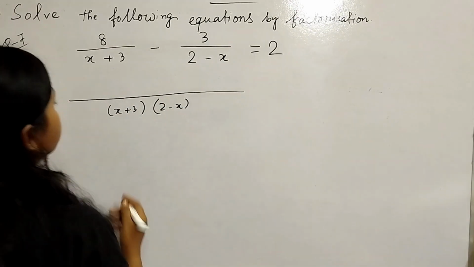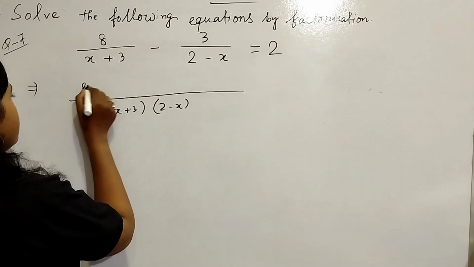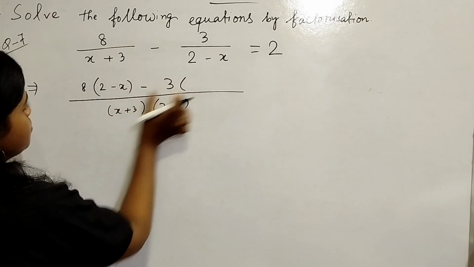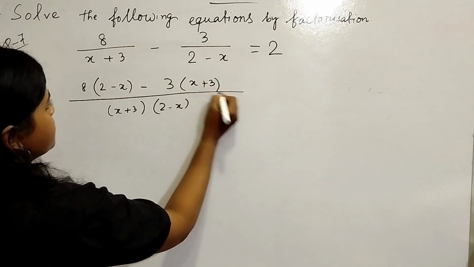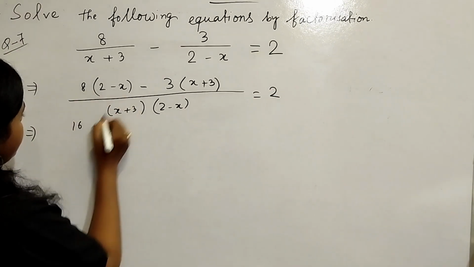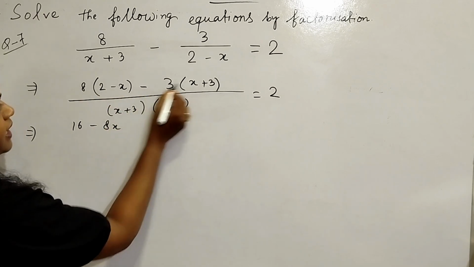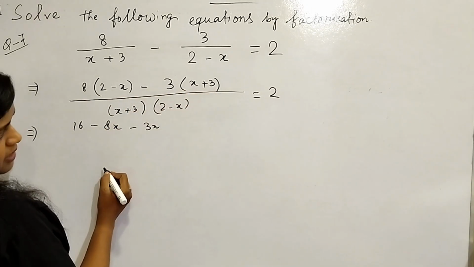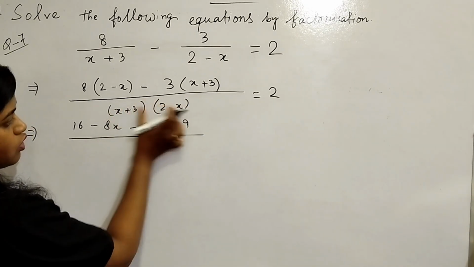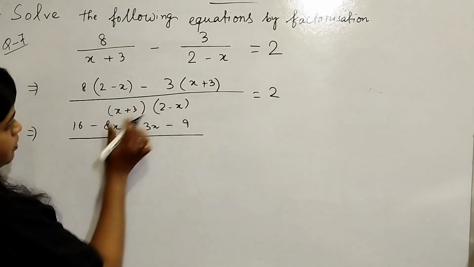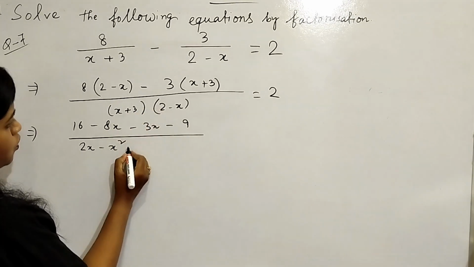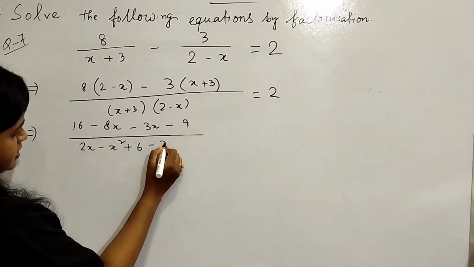Now this one multiplied with this one means 8 into 2 minus x, minus 3 into x plus 3, equals. Now 8 into 2 is 16 and minus 8x, minus 3x, and minus 3 into plus 3 becomes minus 9, and divided by the product of this one also. x into 2 is 2x, x into minus x is minus x square, 3 into 2 is plus 6 and 3 into minus x is minus 3x.